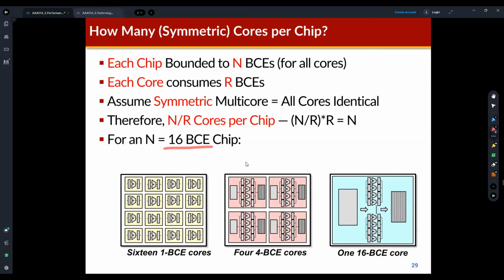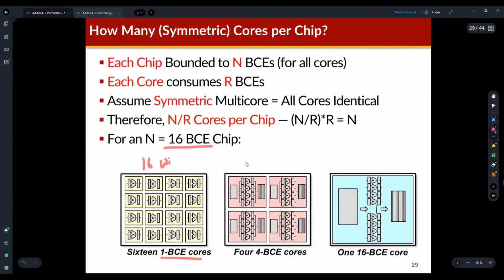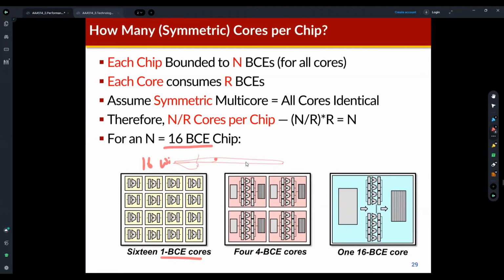In this case, if we apply the symmetric multi-core architecture, then we can apply sixteen 1 BCE cores, which means 16 WIMP cores.